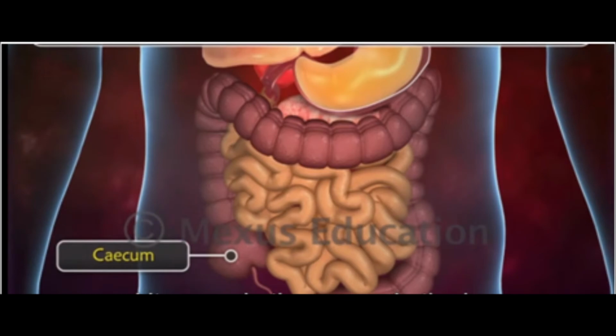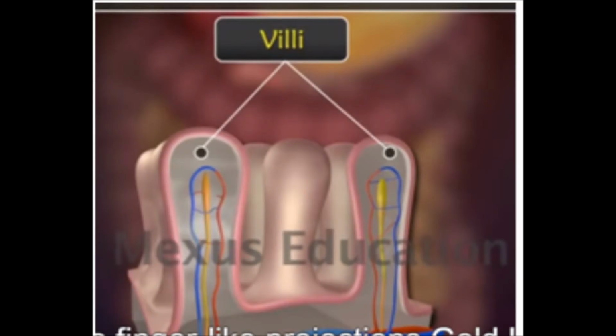A villus is about 0.5 to 1 millimeter long. Its free surfaces have numerous electron microscopic evaginations called microvilli. They form a brush border. Both villi and microvilli increase the surface area for digestion and absorption of food.